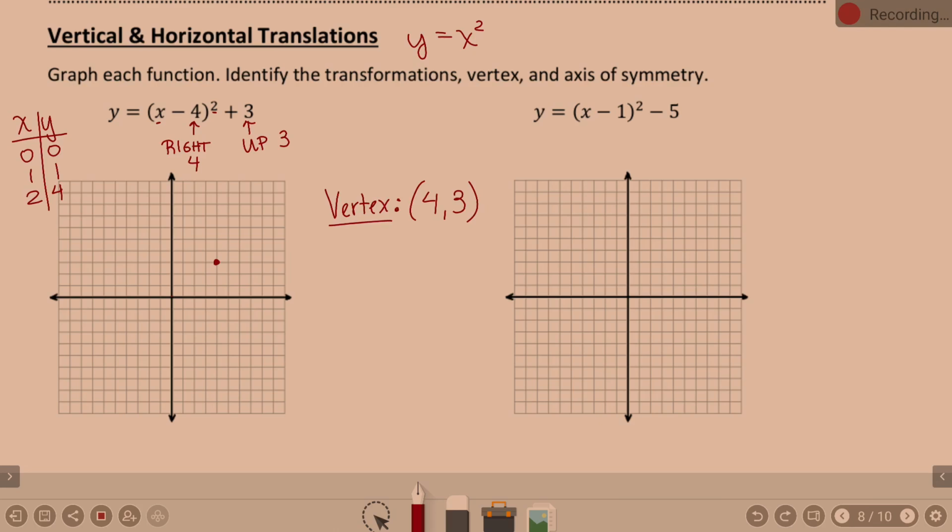So I have this new vertex here at 4, 3. I'm going to go over 1 to the right and up 1. The 2, 4 says from my new vertex, the next set of points, I'm going to go over 2, up 4. Okay.